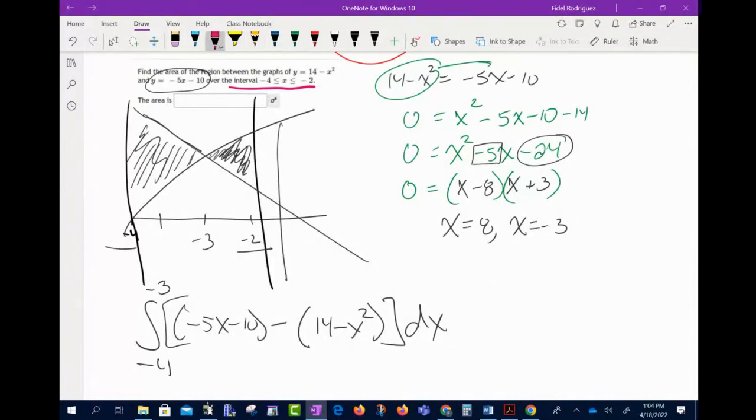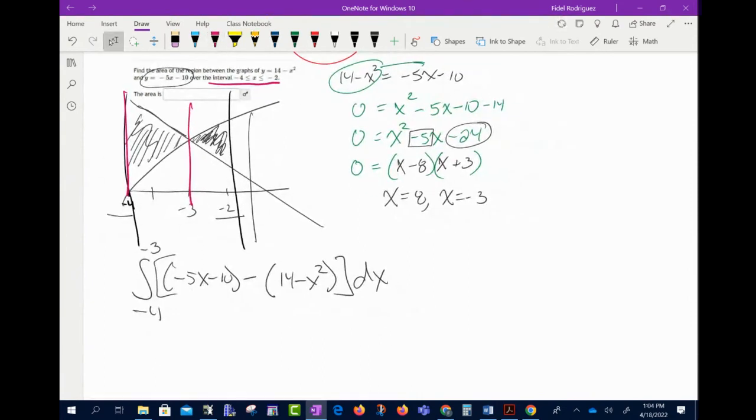Just this part right here. At that part right there, the line is the top function. All right. Then we're going to add another interval. We're going to go from negative 3 to negative 2 because we want to find this part of the area too, don't we?